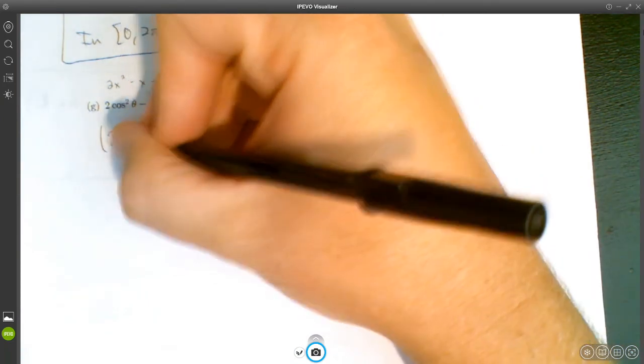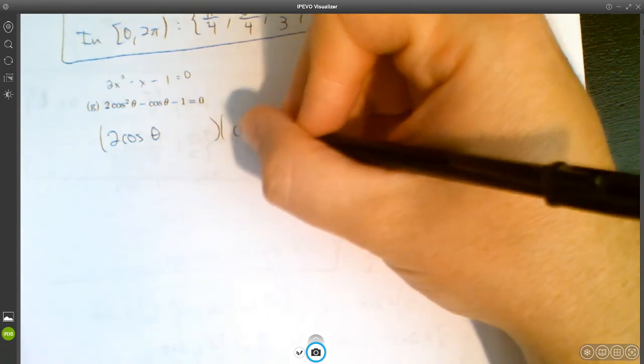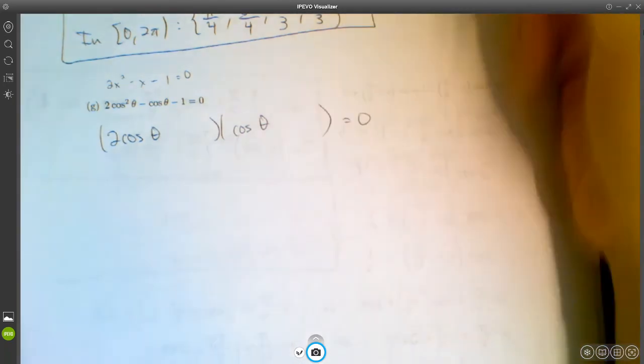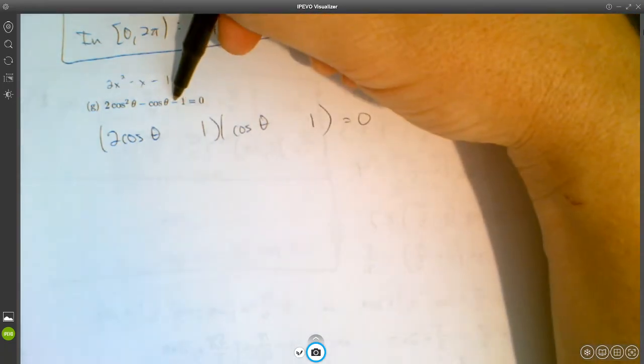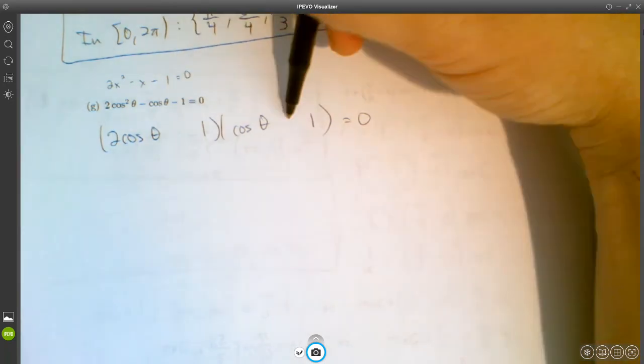If it factors, it should look something like 2 cosine theta, and then cosine theta, so that we can get a 2 cosine squared theta in the first position there. And then to get a 1, we must have a 1 and a 1. And because it's a negative, we know that one sign must be positive and the other one must be negative.